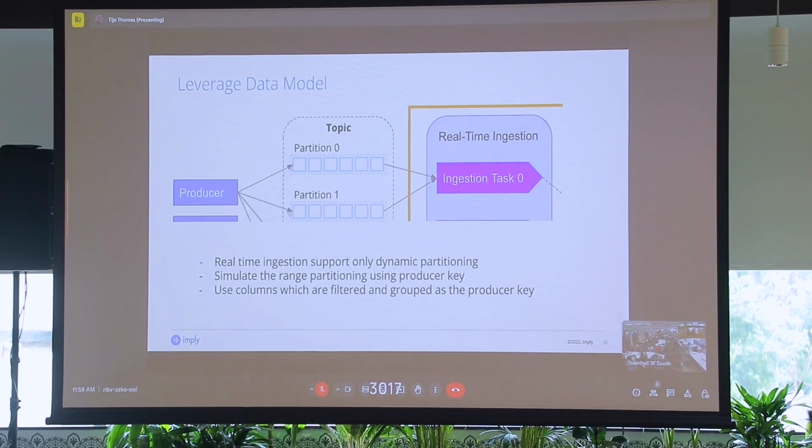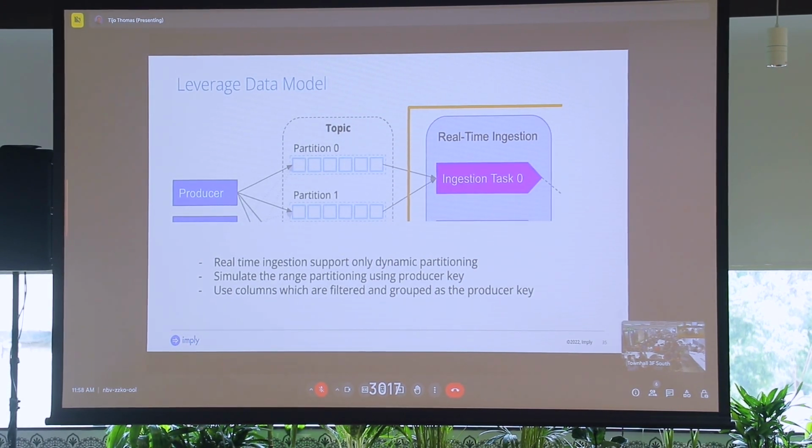Probably this should have been the slide I put first. So the thing is, leveraging the data model gives you much more benefit than any other configuration changes. In the case of ingestion, real-time ingestion supports only dynamic partition.